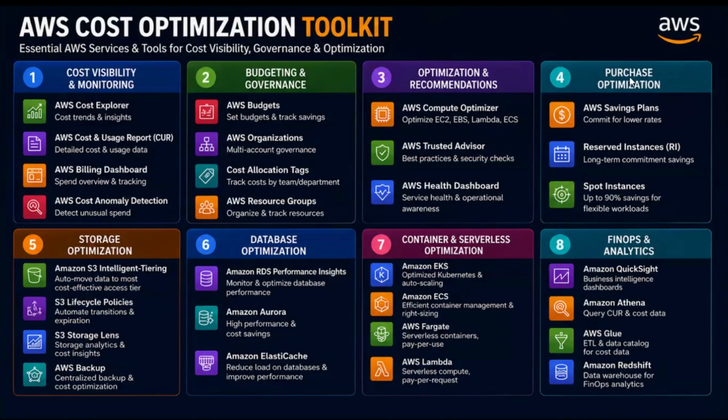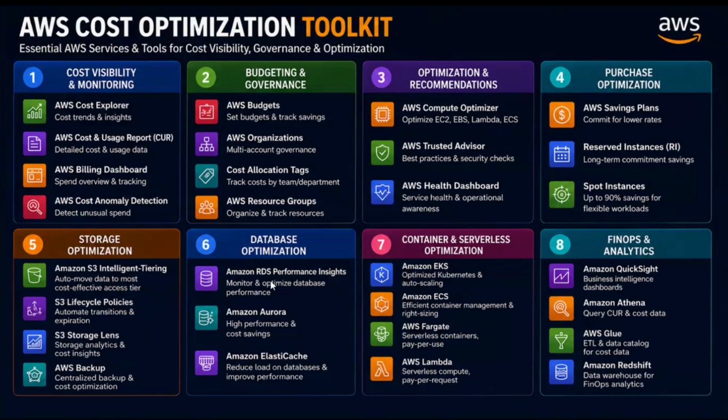The fourth section is purchase optimization. For purchase optimization, AWS Savings Plans, Reserved Instances, and Spot Instances definitely help us. For storage optimization, we have S3 Intelligent-Tiering, S3 Lifecycle policies, S3 Storage Lens, and AWS Backup.